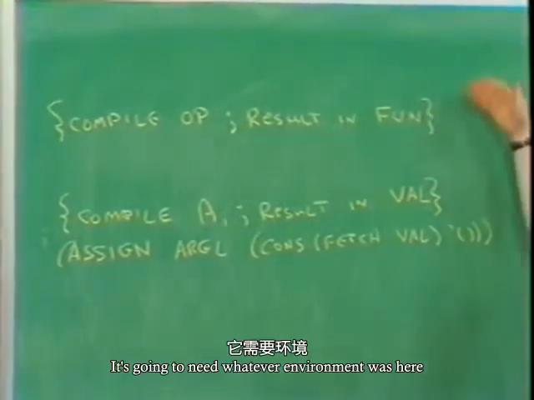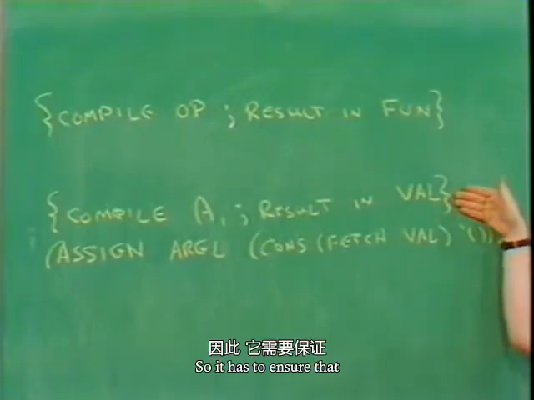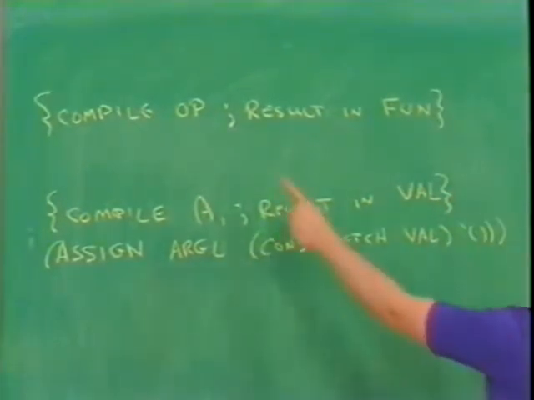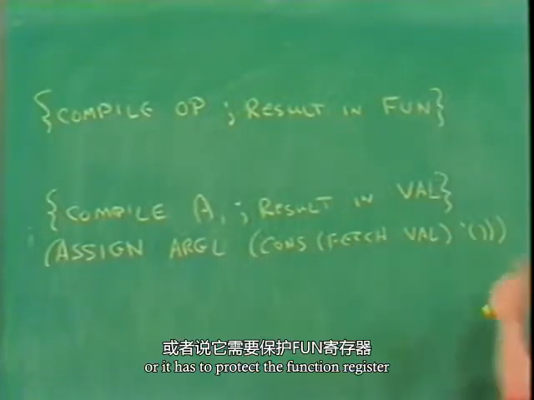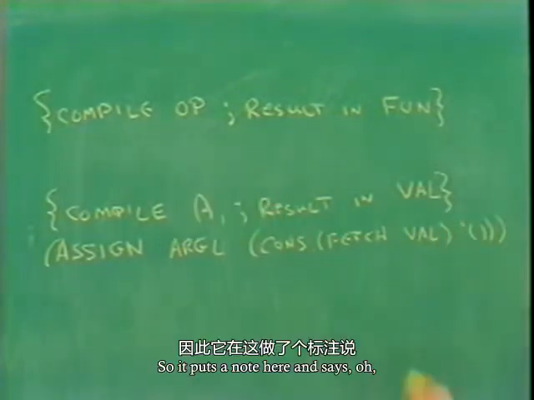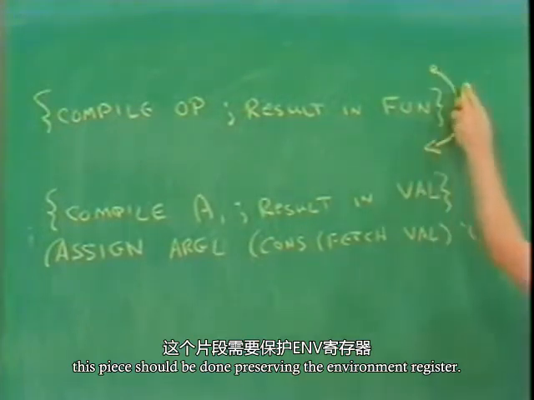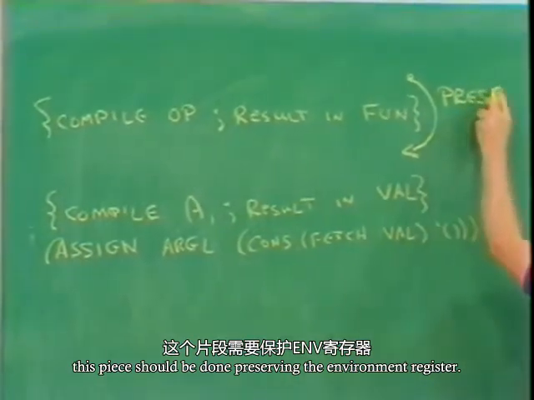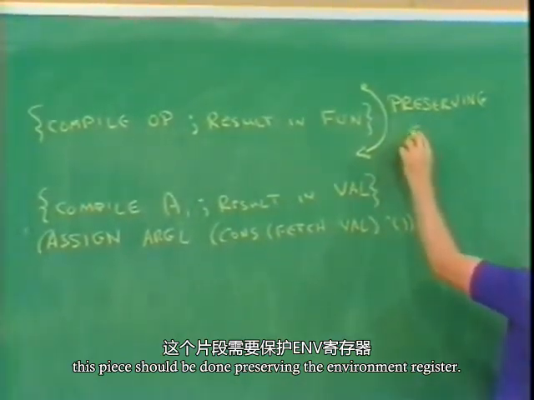It's going to need whatever environment was here in order to do this evaluation of the first argument. So it has to protect the function register against whatever might happen in the compilation of this operand. So it puts a note here and says, oh, this piece should be done preserving the environment register.